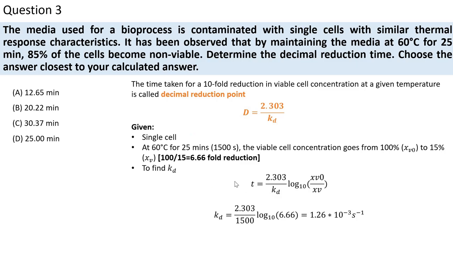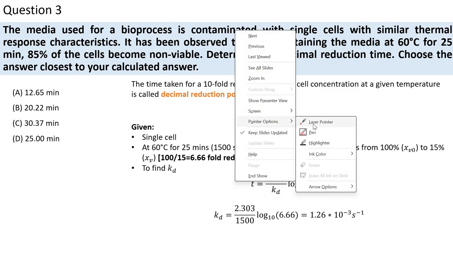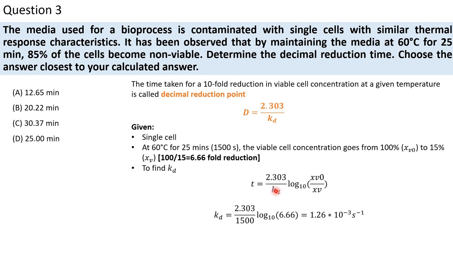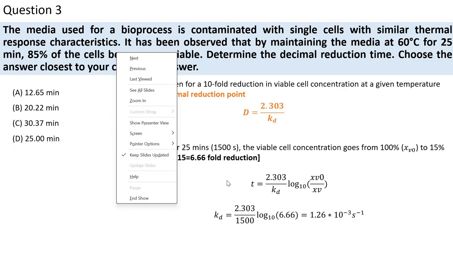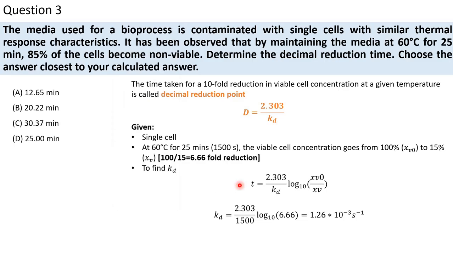Kd is equal to 2.303 divided by t, log of Xv naught divided by Xv. We have already found Xv naught divided by Xv, that is 6.66, so log of 6.66 is written here.